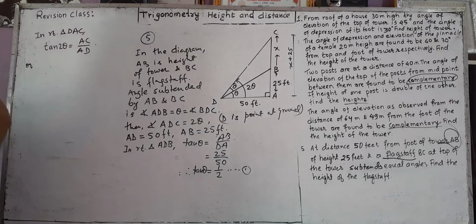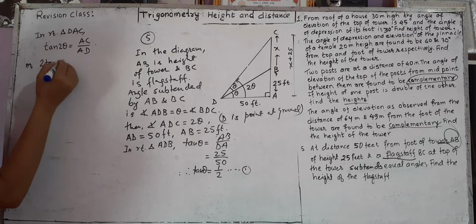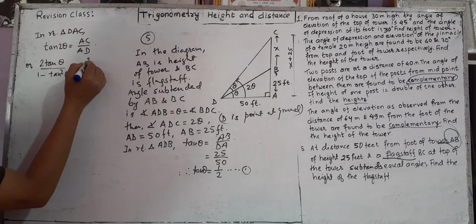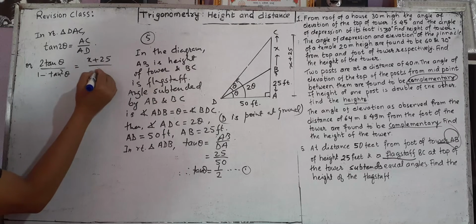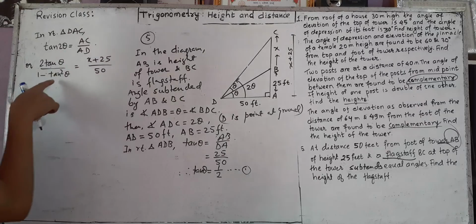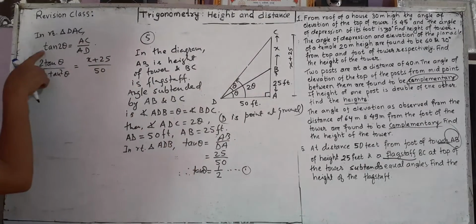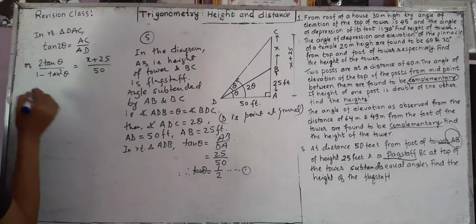The value of tan 2 theta is 2 tan theta by 1 minus tan square theta, and the value of AC is x plus 25, the value of AD is 50. Look at here, why are we using the multiple angle formula? Because we have been given tan theta, so we have to express tan 2 theta in terms of tan theta. So I have used the multiple angle formula.